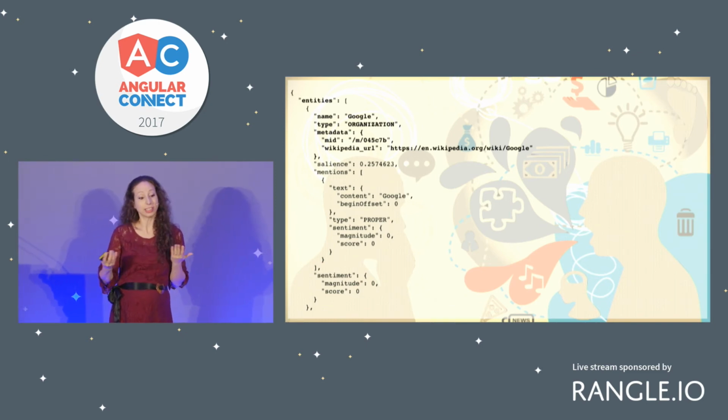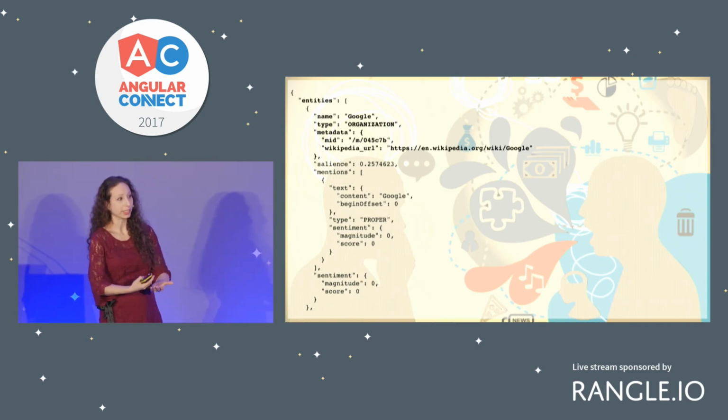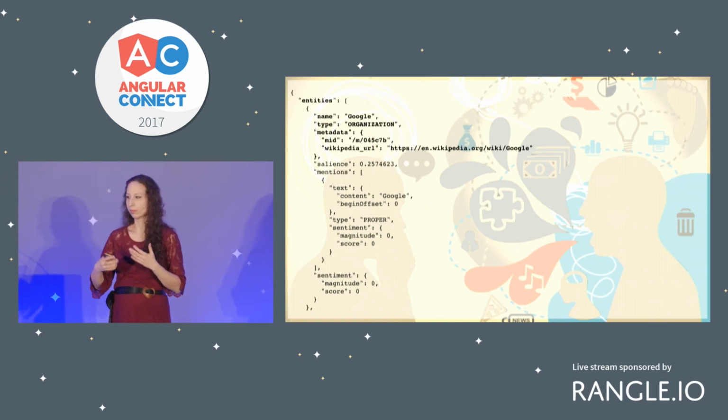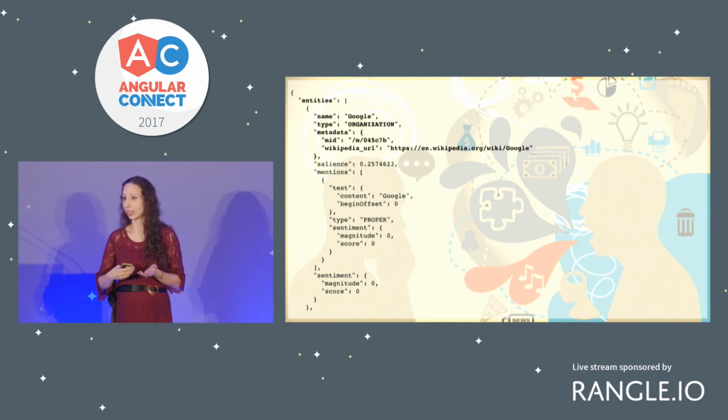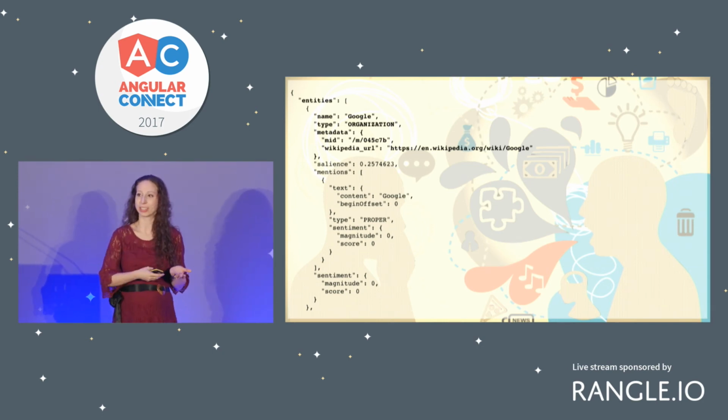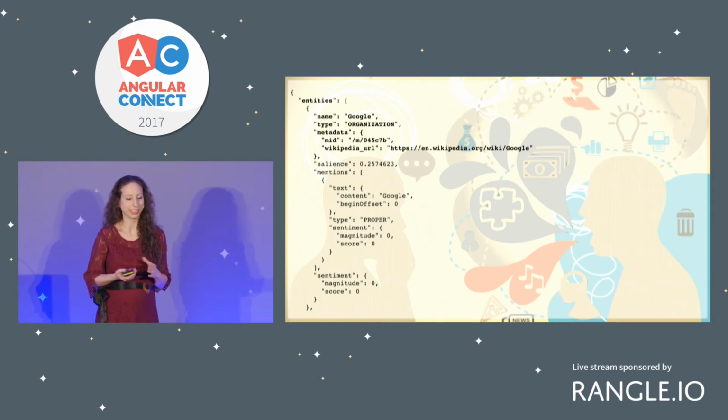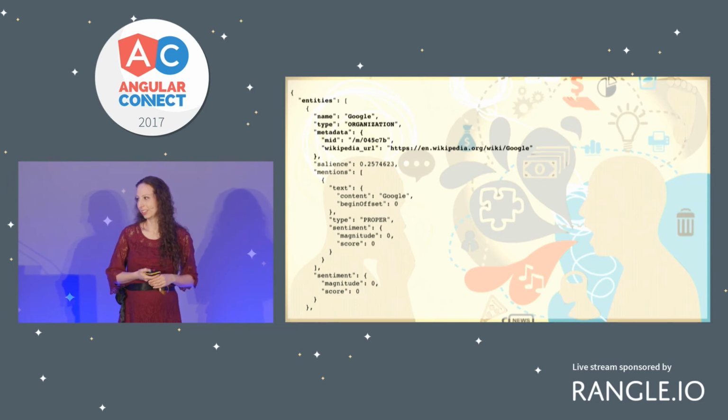One of the entities is Google, and it gives us what it is. It recognizes some information about this entity, and if this entity also has a Wikipedia page, then it will give us its URL, so that's really awesome. If not, then it just doesn't give us a URL.